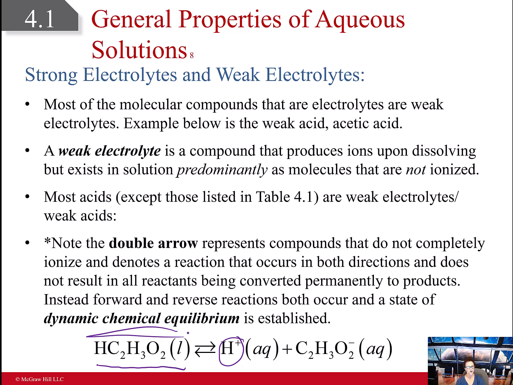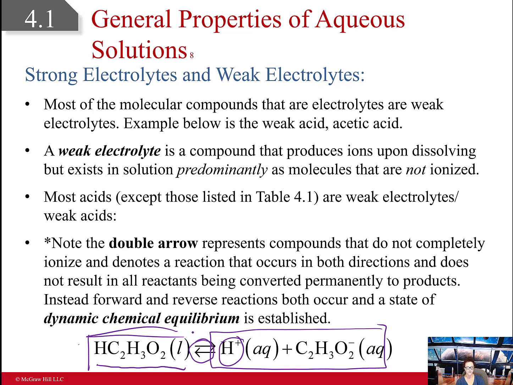So we put a double arrow here, and that shows us that it is in a dynamic equilibrium. That is, it's going back and forth between the molecular and the ions. Even though it does split into the H plus and the acetate ion, most of it is going to remain in its molecular form.